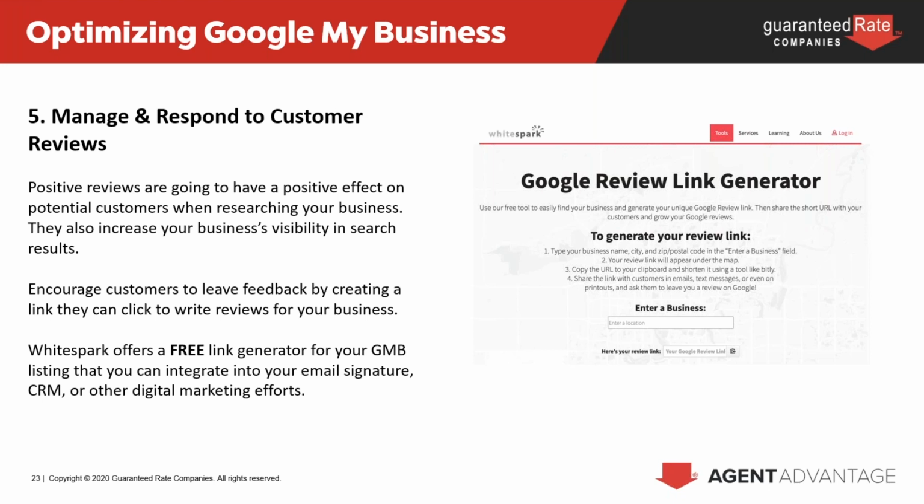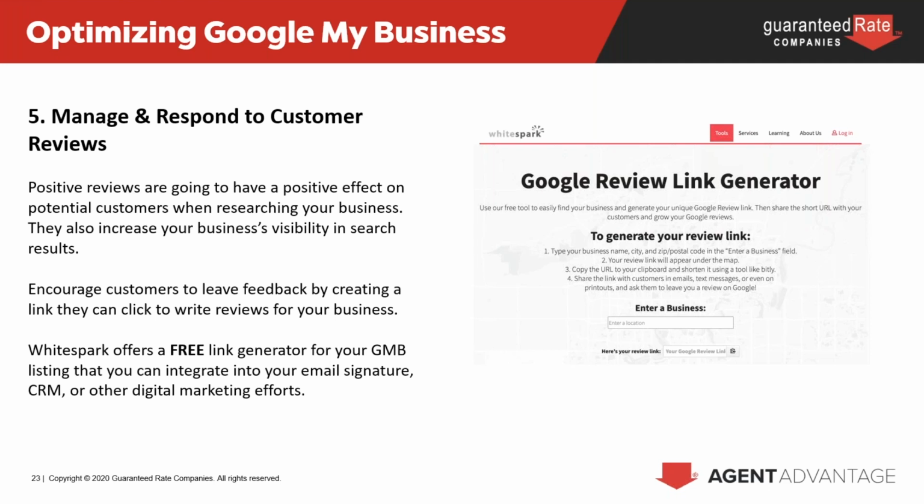In order to do that, I've always found it really nice to write in either my email signature or my text message a way to point directly to that review pop-up that appears when people click on your listing and say review this business. You can skip ahead and send them directly to that pop-up by using this WhiteSpark link generator.